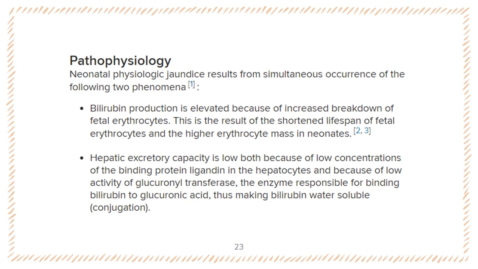So hemoglobin F, or the fetal erythrocytes, will be getting broken down at that stage. They have a shorter lifespan than the normal hemoglobin, so they are getting broken down more, and so the unconjugated bilirubin level is high. So the liver, again, is already immature or slow, and it has a much higher rate of conjugation which is required to be going on. So both these components together can explain why physiological jaundice takes place.